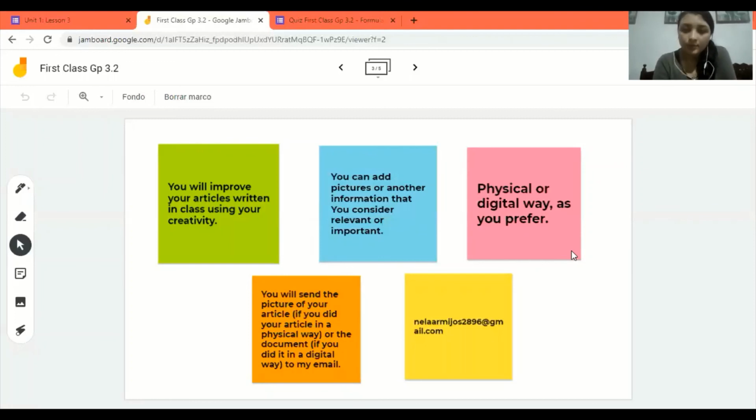If you use some application that you found on the internet and can download, you can make a screenshot of it and send it to my email as a picture also. You can do that too. My email is nelaarmijos2896@gmail.com. I'm going to write it in the chat so that you can review it later.